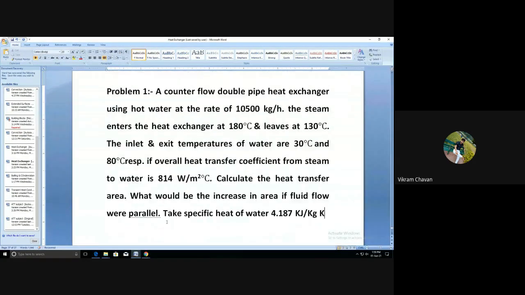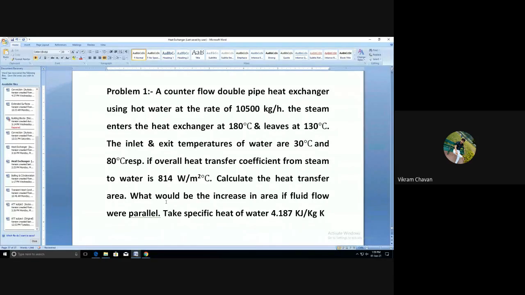So now here in this particular problem, through one section the hot fluid is flowing. It is a double pipe, that is, a concentric tube heat exchanger, and through one pipe hot fluid as steam is flowing, and through another pipe water is flowing.